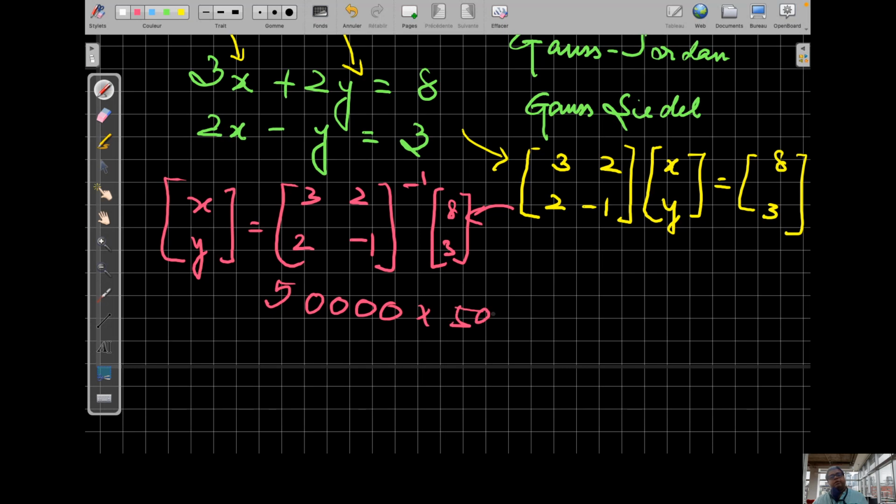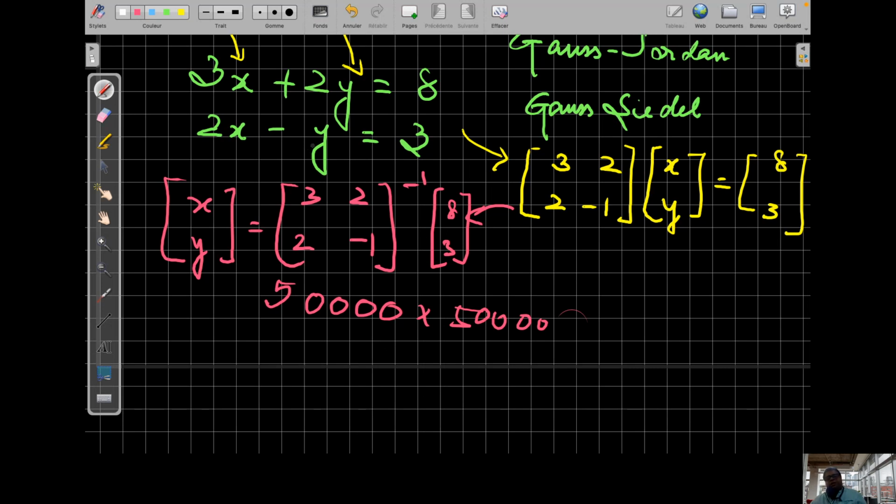There you have to find better methods of inverting these matrices.